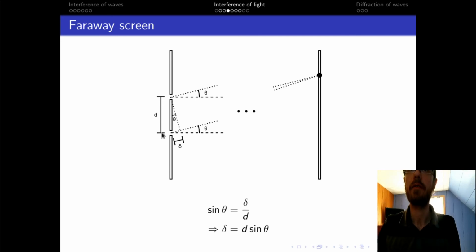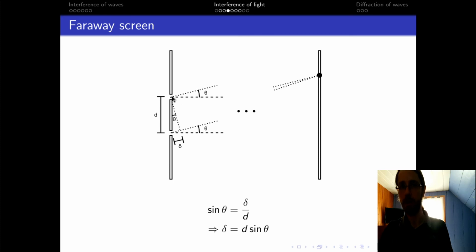We still have the distance between two slits, d. And if we take a look at the distance that each of the two waves had to travel to start from its slit and go to the point on the screen, they started at their respective slit, travel up until there.